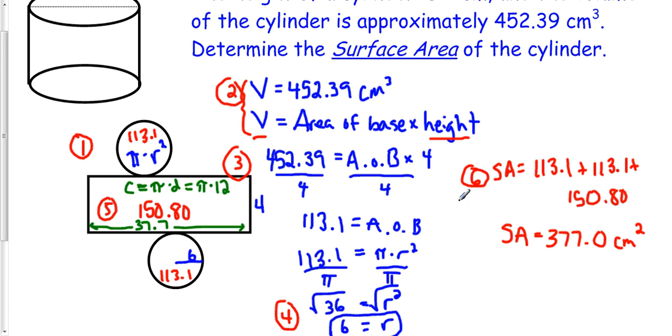So when you're doing these problems, I would encourage you to draw out the net, write down the formula of the thing they give you, work backward for what is missing in that formula, and then try to answer the question. So that's one example of how to work backward with a cylinder to find something that you're missing.